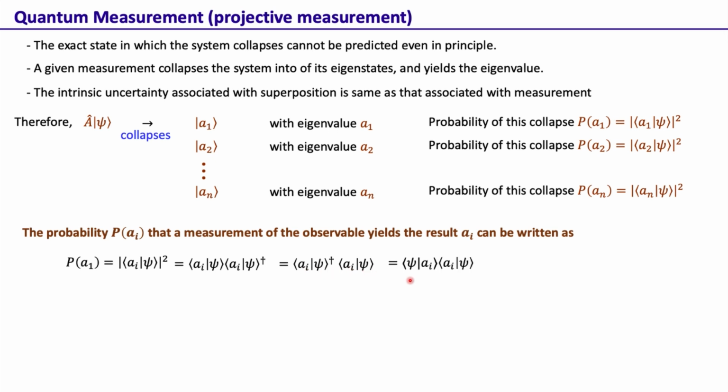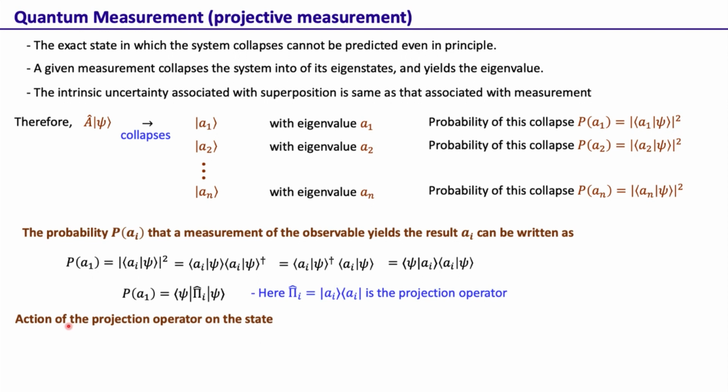So write it like this, and then <Ai|psi> dagger we can write as <psi|Ai>. So now we can write this P(Ai) rather as <psi|Ai><Ai|psi>. This |Ai><Ai| we call a projection operator, that we are representing by Pi_i. That is the projection operator.